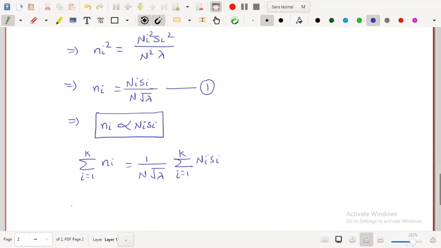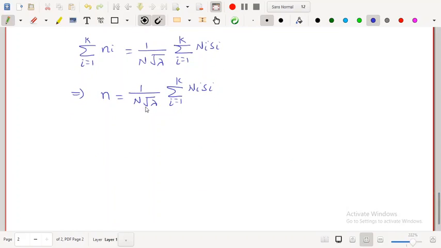From this, summation of ni running from 1 to k, which is small n, is equal to 1 upon capital N into root lambda summation i running from 1 to k Ni Si. Multiply both sides by root lambda and send this n to this side. So root lambda is equal to 1 upon n summation i running from 1 to k Ni Si.